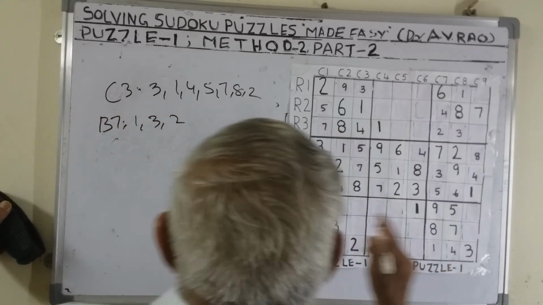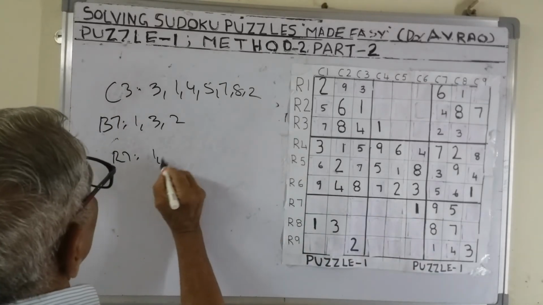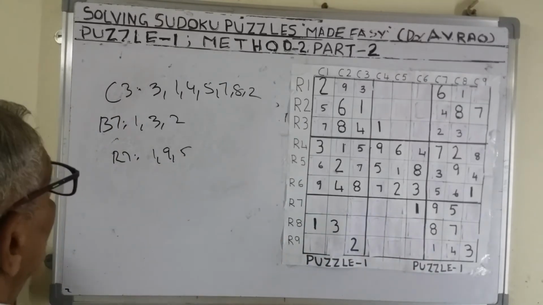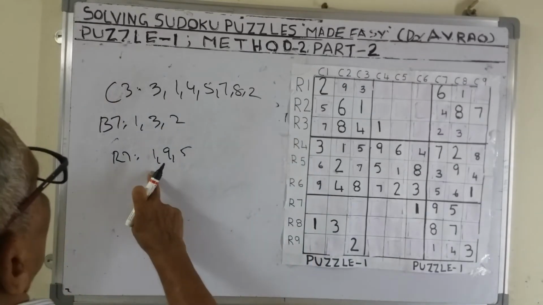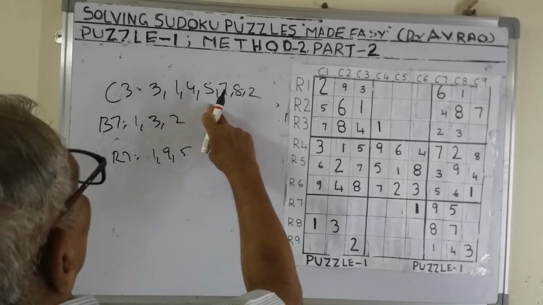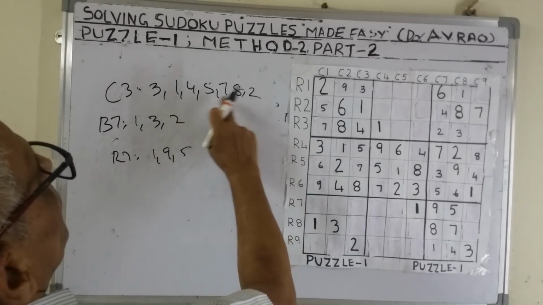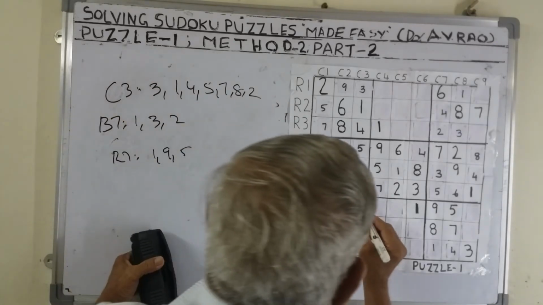Let us take row R7. What are the numbers? 1, 9, 5. Okay. 1, 2, 3, 4, 5, 6 is the missing number. 6 is not there. 7, 8, 9. Okay, 6 is the missing number.